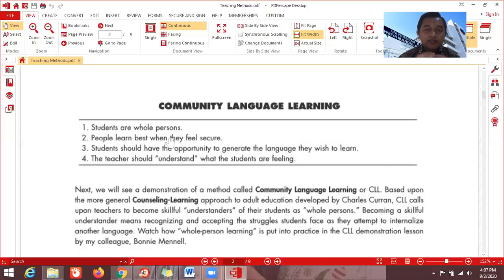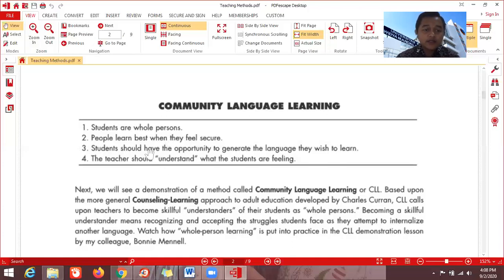But it needs to be seen that an individual needs to digest things. They need a process to be where they are expected to be. So they need to feel secure, and they need to feel comfortable in learning. So it emphasizes a lot on psychological things, right?